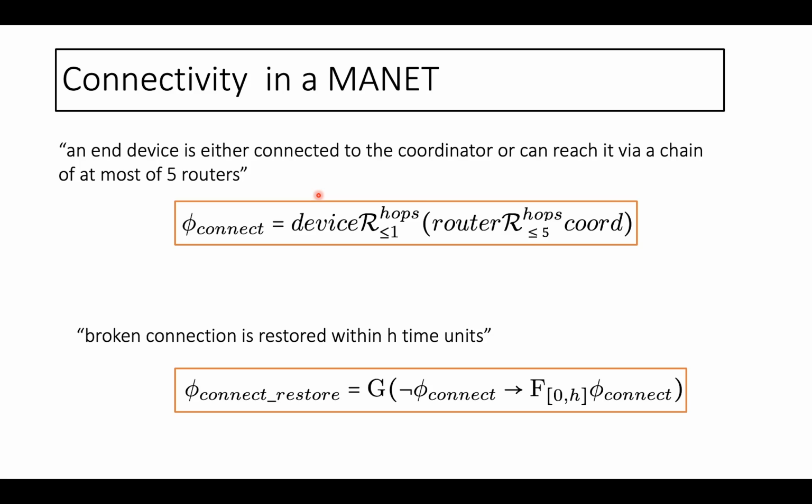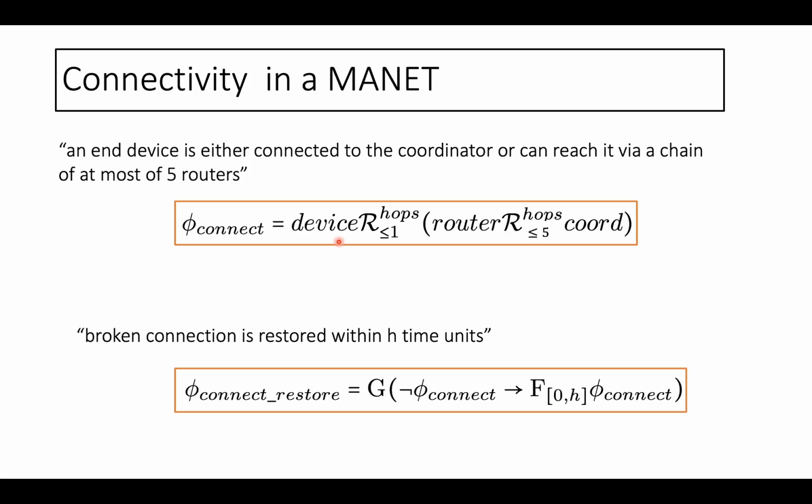The reason why we are specifying this property is because the end device should be directly connected to a router, because it's the only one that can share information with it, and it should reach at a certain point the coordinator, because the coordinator is the one that starts everything.